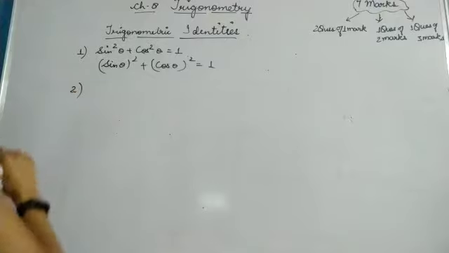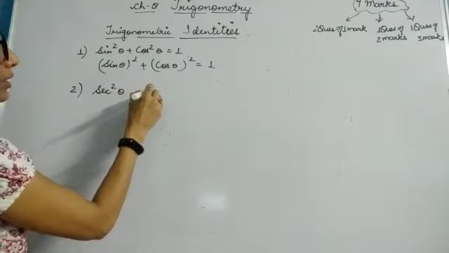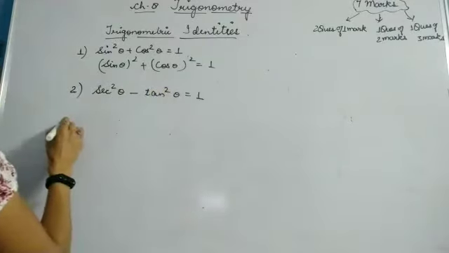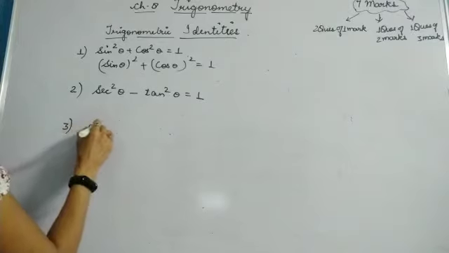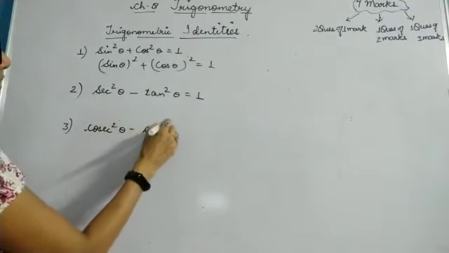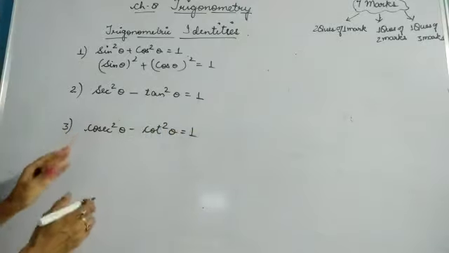See the second trigonometric identity. It is sec square theta minus tan square theta equal to 1. And the third is your cosec square theta minus cot square theta equal to 1. Children, you can learn in another way also.